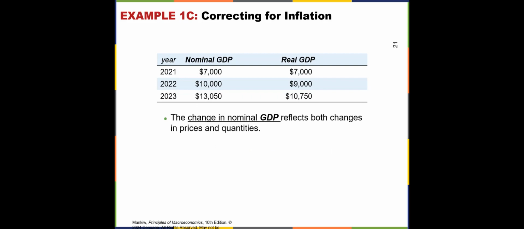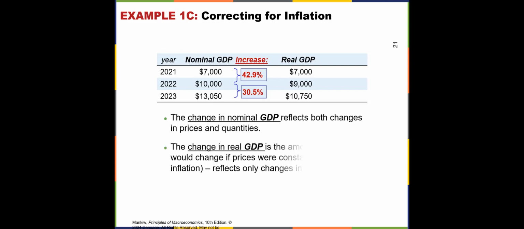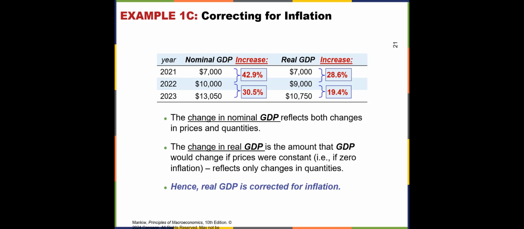So the change in nominal GDP reflects both changes in prices and quantities. That's why we have these higher percentage rates in nominal GDP. But the change in real GDP is the amount that GDP would change if prices were constant. So therefore, change in real GDP reflects only changes in quantities. Hence, real GDP is corrected for inflation.